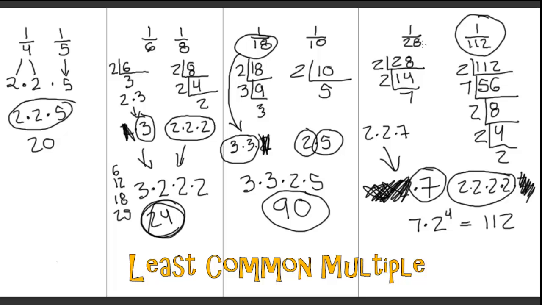All you have to do is multiply 28 by, I think, 4. God, I can't do math right now in my head. I'm terribly sorry. 28 times 4 equals 112. I was right. Awesome. So you would multiply 28 by 4 to get 112, and then whatever you do to the bottom, you have to do to the top, so 1 times 4 is 4.